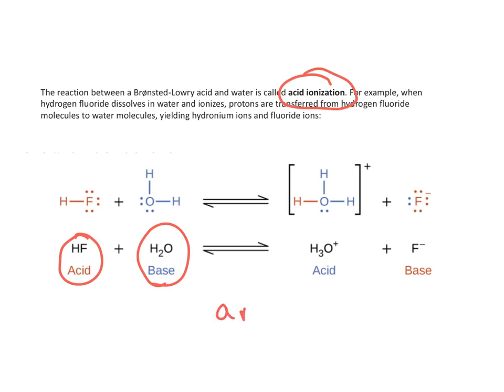We say that some substances, because we're breaking this definition down to: can I accept a hydrogen or give up a hydrogen? We call substances like water that have the ability to act as a hydrogen ion acceptor or a hydrogen ion donor amphiprotic. And so in this example, here's my acid.